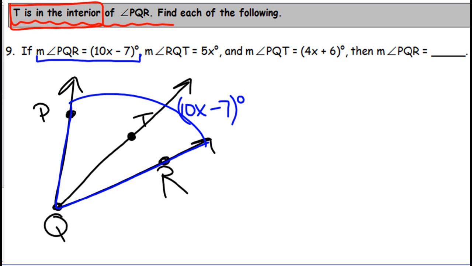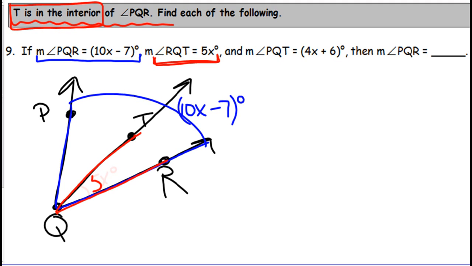The measure of angle RQT is 5x degrees. It's okay that I'm going backwards, because I could have also said TQR, but just that one.